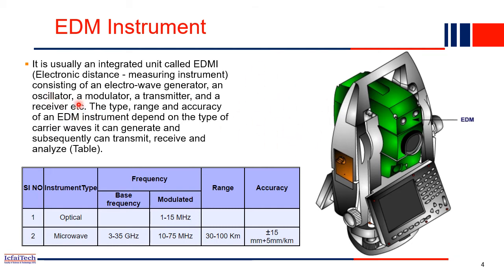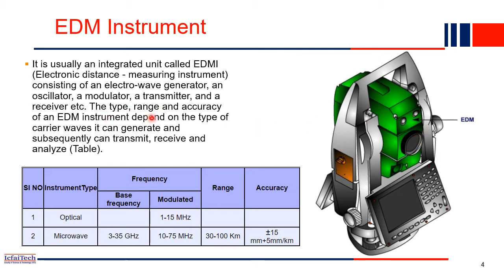A modulator is required because you have to control the modulation. A transmitter is required because you have to transmit it, and a receiver, because once the wave is reflected from the reflector, it will come back to this instrument.